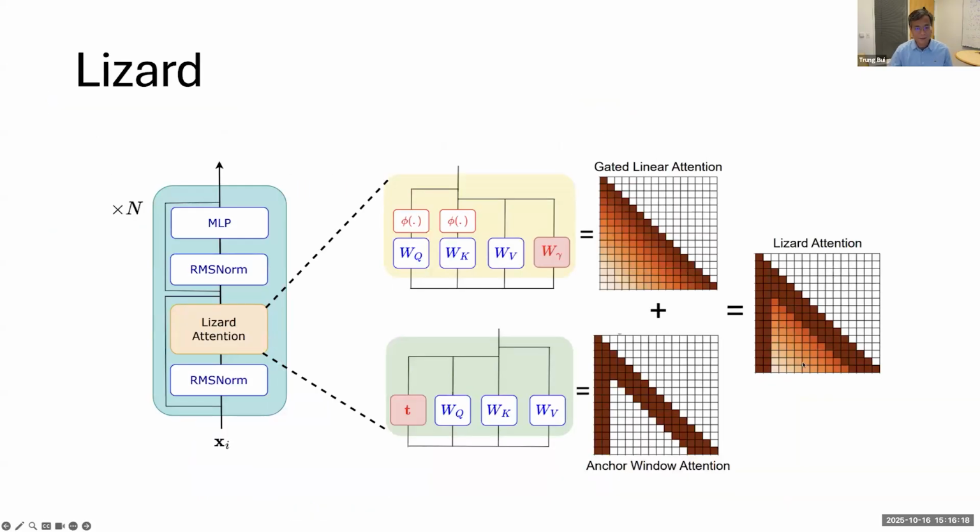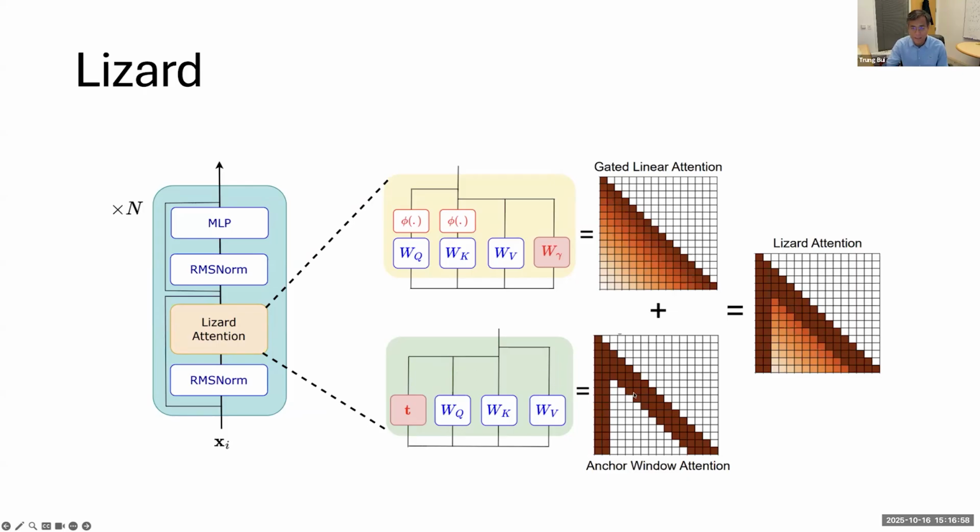So this is the key idea of our approach, called Lizard. Basically, Lizard replaces the full attention component with a hybrid mechanism that combines gated linear attention, which is for global context compression, and a second key component, anchor window attention, for local precision.